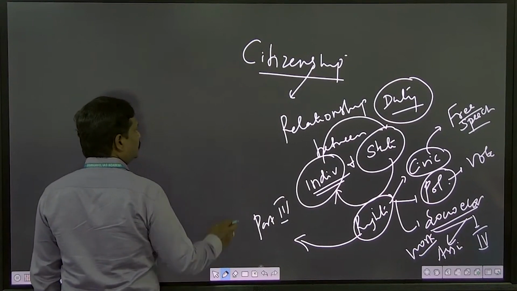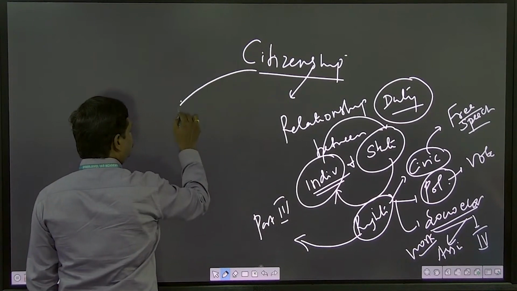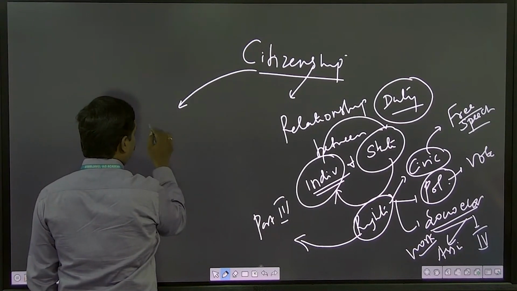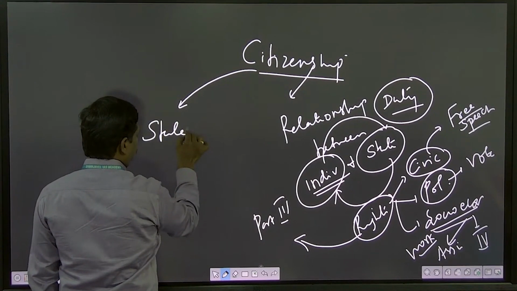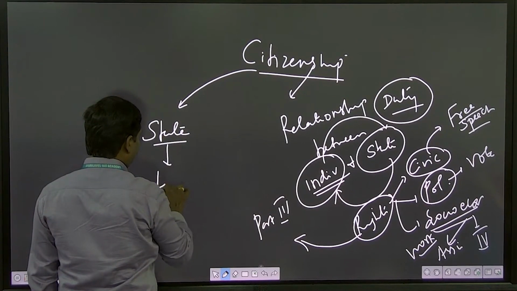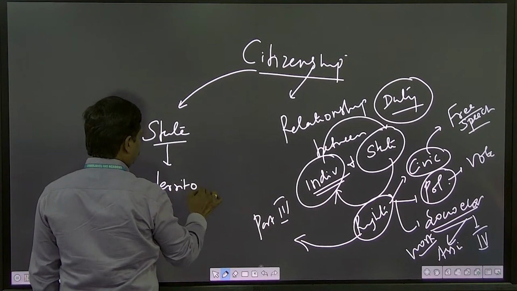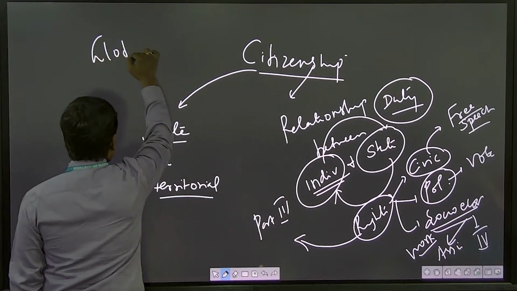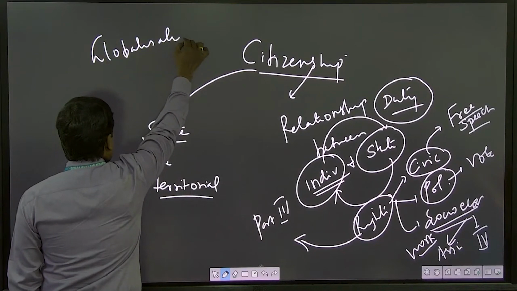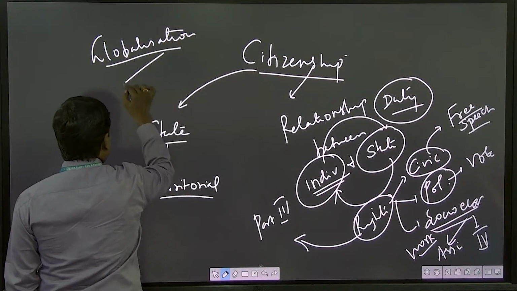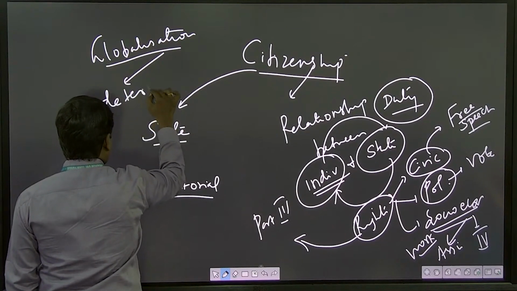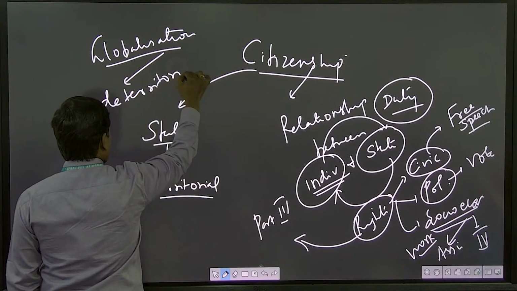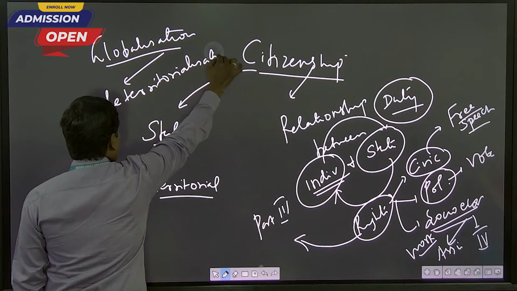Okay, so the concept of citizenship is connected to the state. State is a territorial unit. But what happens because of globalization? Globalization results in deterritorialization. Territories are becoming blurred.